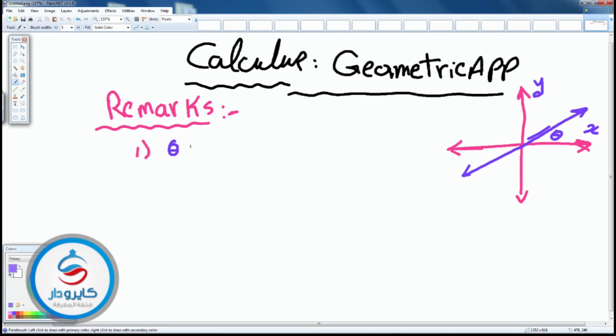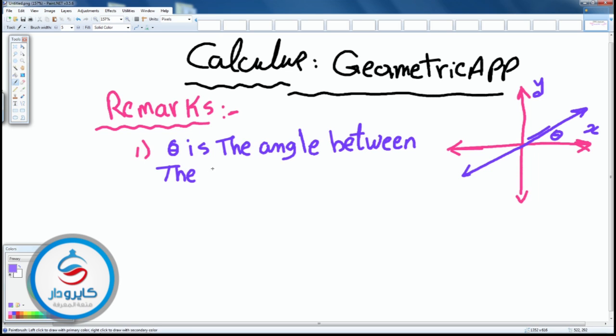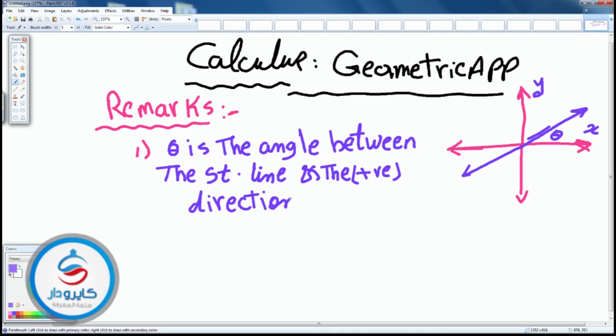We know that theta is the angle between the straight line and the positive direction of the x-axis.